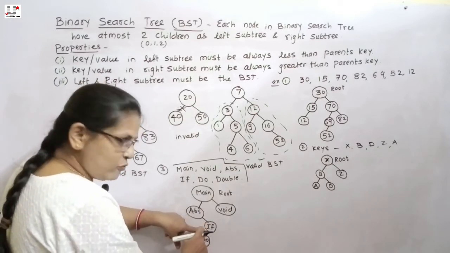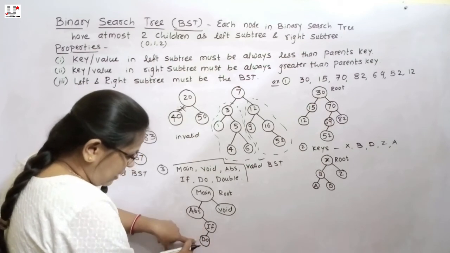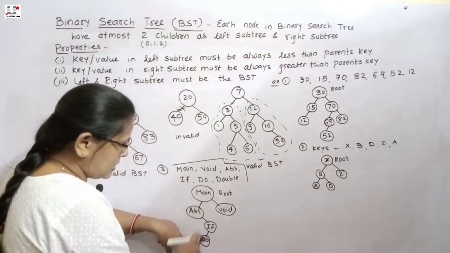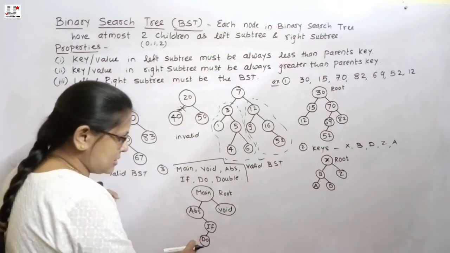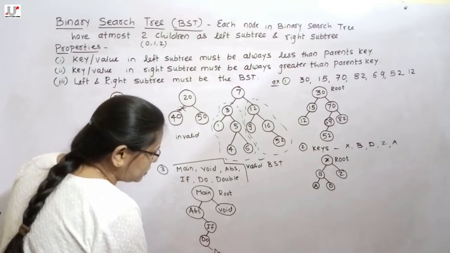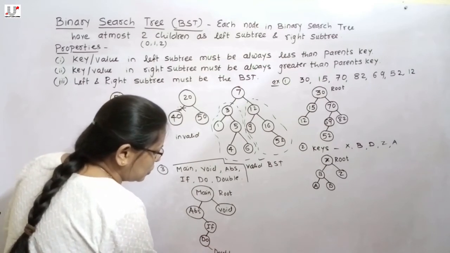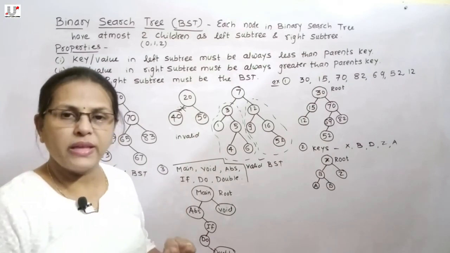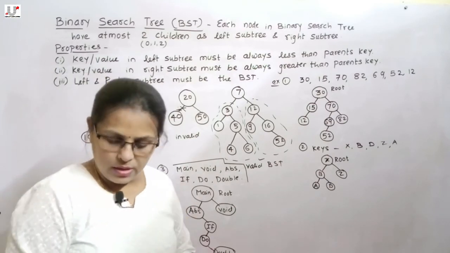D comes before I, so move to left. Compare that DOUBLE with DO, and as the left child is not present, DOUBLE gets attached to the right of DO. So these are the valid examples of binary search tree.